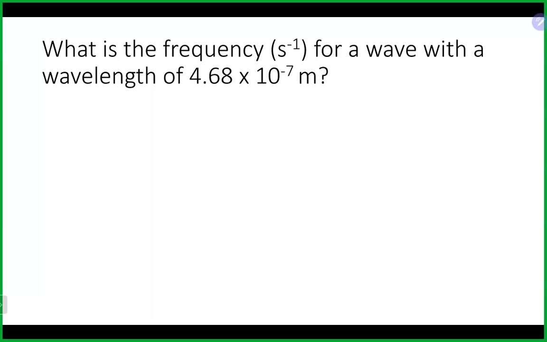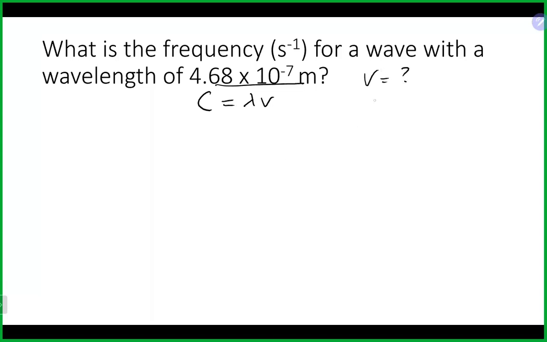All right, let's try one more here. What is the frequency for a wave with a wavelength of 4.68 times 10 to the minus 7 meters? Since we're getting to the end, let's take a look at it together here. So once again, we can use our formula. c is equal to the wavelength times the frequency. We're looking for the frequency.